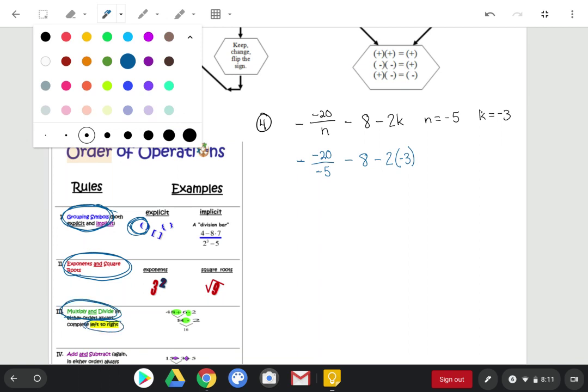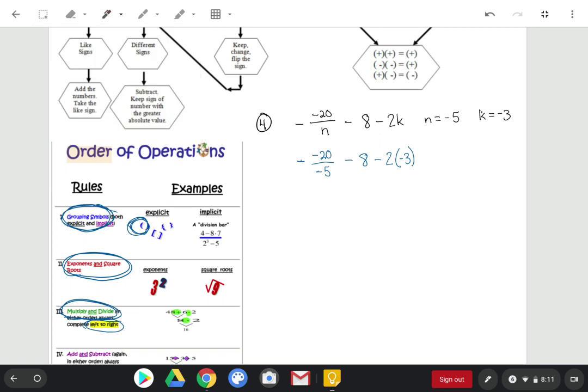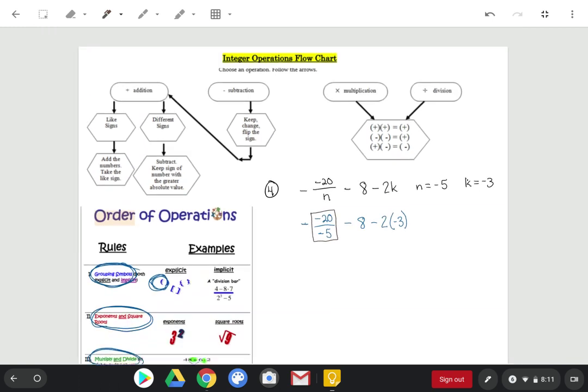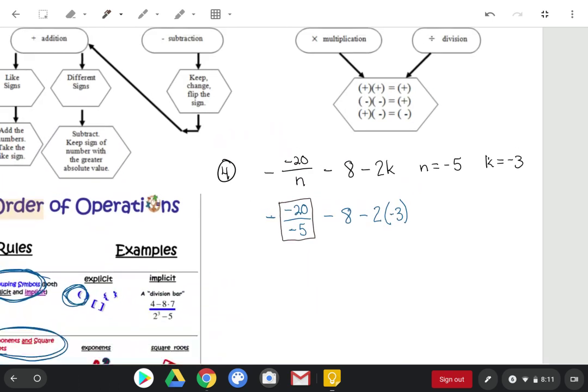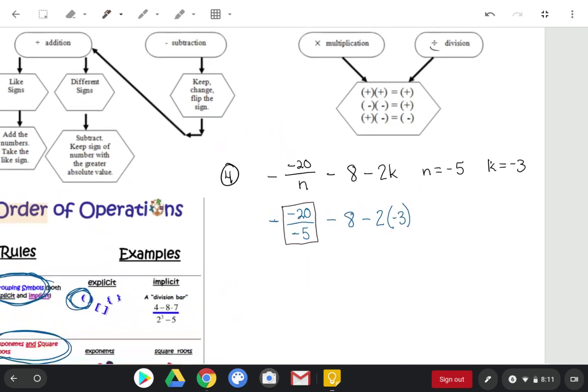So the first thing we are going to look at is this negative 20 divided by negative 5. Okay, so remember our integer rules for division.